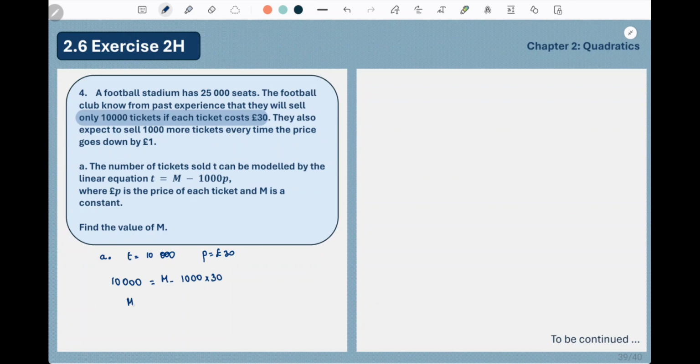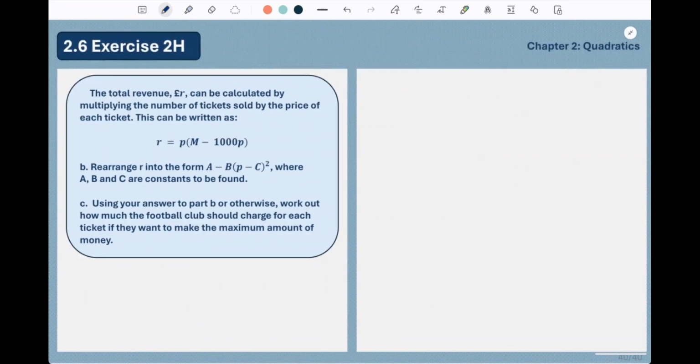So m is equal to 10,000 plus 30 times 1,000, which is 30,000. If I move it to the other side, it will be plus. So m is simply 40,000. Is that clear? I think it's clear enough. It's just a simple substitution, and we ended up finding the value of m, which we'll be using for the rest of the question because we still have one more part.